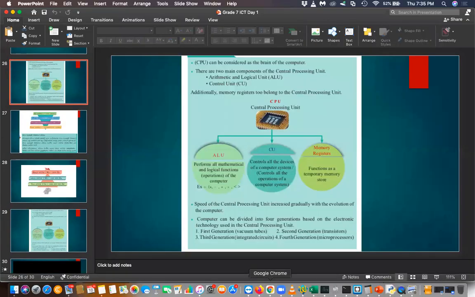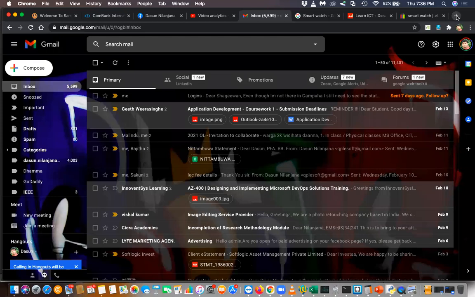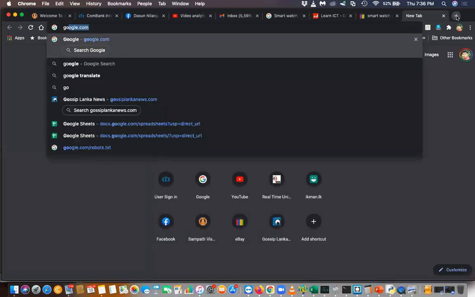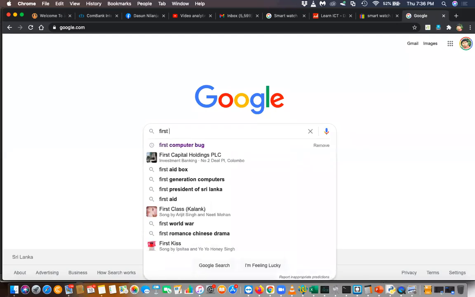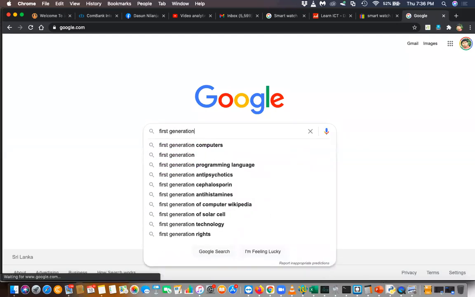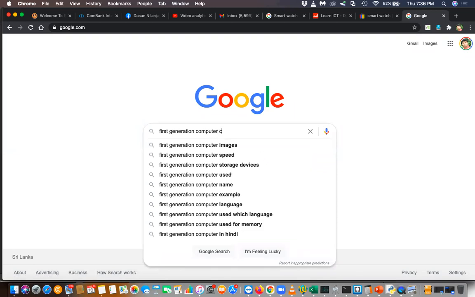So let me go to Google quickly. See the first generation computer control room.